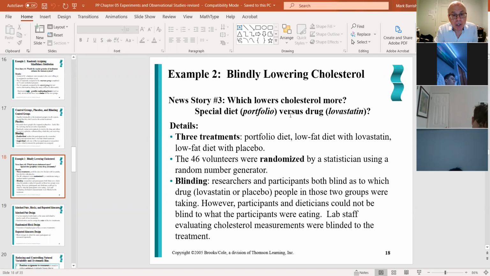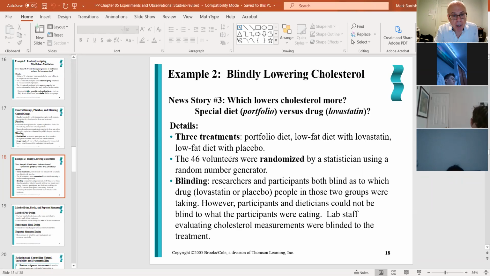So here is an example of blinding. The study basically asks which lowers cholesterol more, a special diet or a certain type of drug. They want to compare these various treatments. They have three treatments in the study. They have the special diet, which they call the portfolio diet. They have the drug case, where they give a person a low-fat diet with this drug.